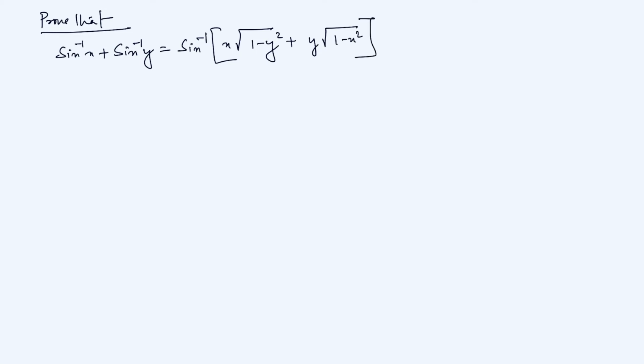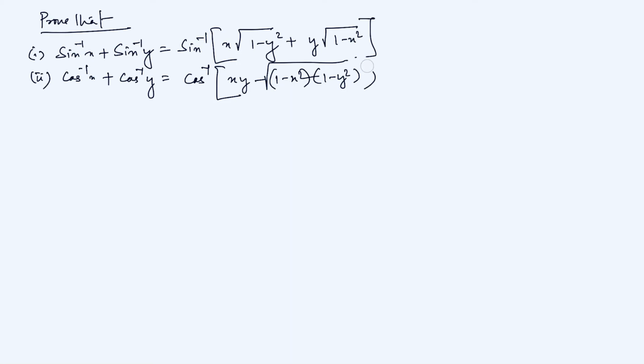This is the thing we need to prove. And the remaining problems I am going to give will be homework for you: cos inverse of x plus cos inverse of y is equal to cos inverse of xy minus under square root 1 minus x square into under square root 1 minus y square.